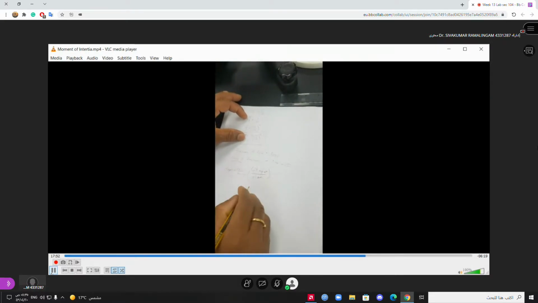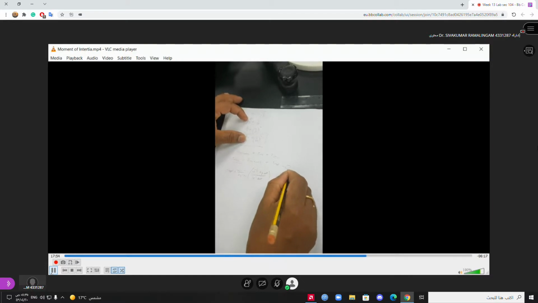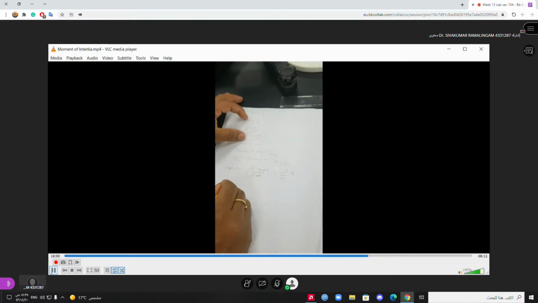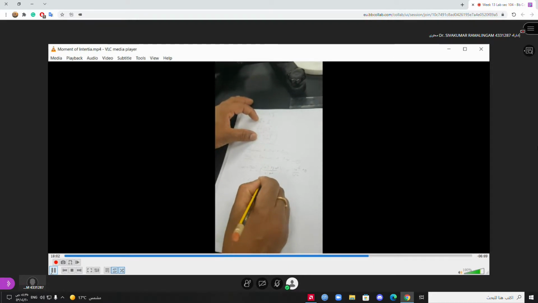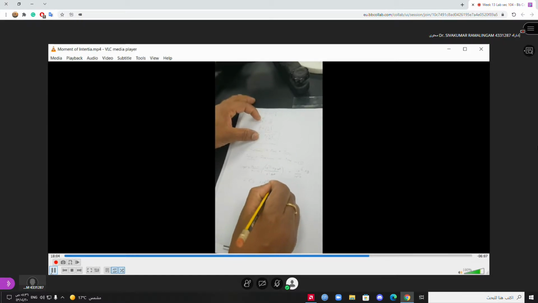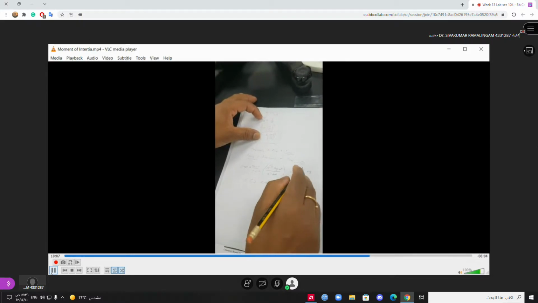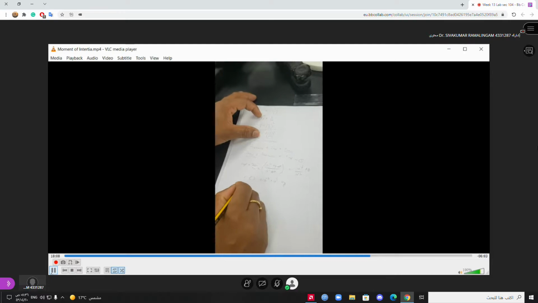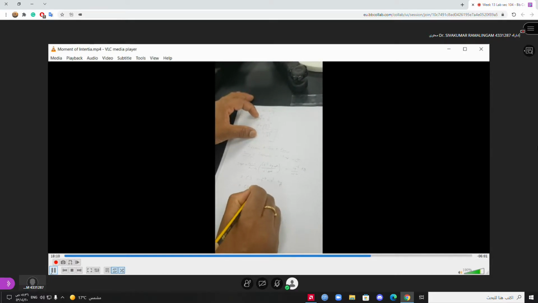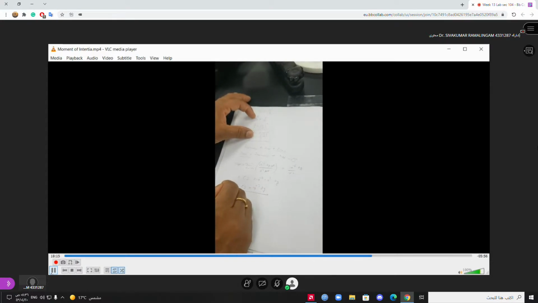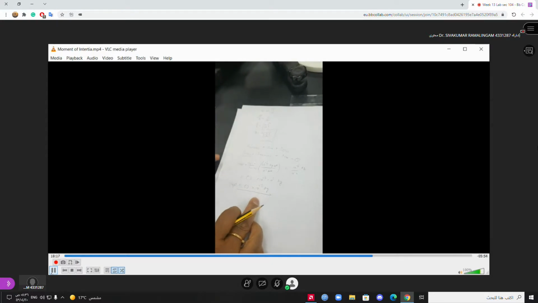Now meter square gets cancelled. Here 10 to the power of minus 6 kilogram and 10 to the power of minus 3. If you go to the numerator, minus 3 becomes plus 3. Now the value into 10 to the power of minus 3 kilogram. Multiply the value with 10 to the power of minus 3, then you will get the slope in SI unit.